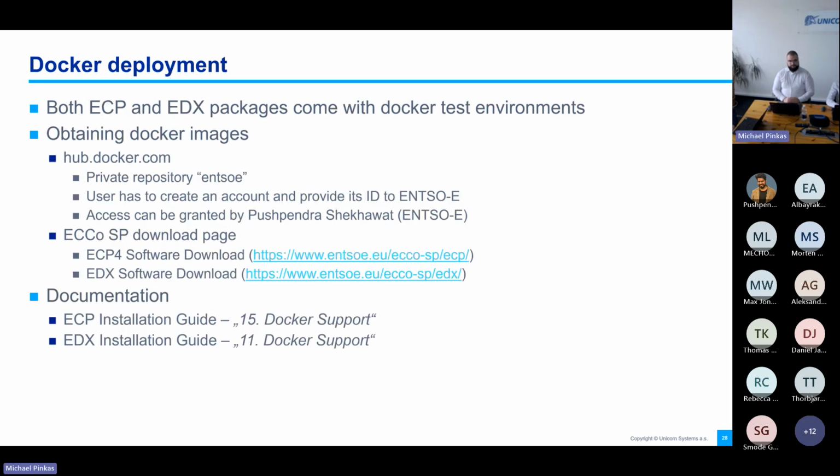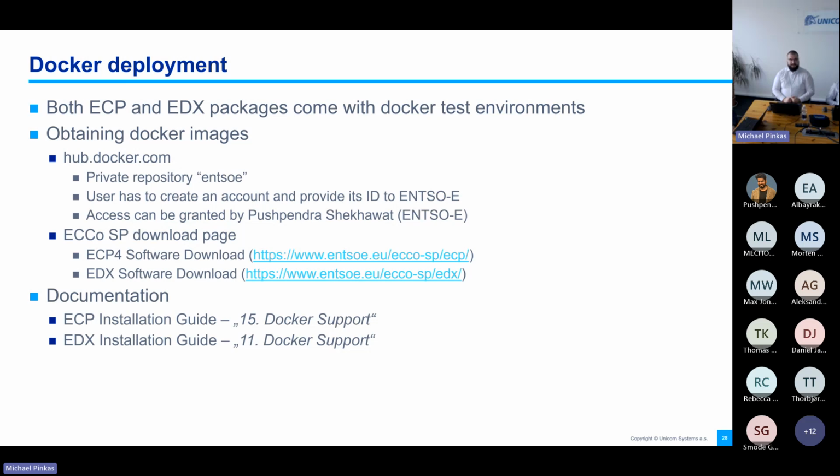And last thing, there is just a small update regarding the Docker deployment, especially the obtaining of the Docker images. Obviously, both TCP and ENTSO-E packages come with the Docker environments, as well as the ECCo Artemis.